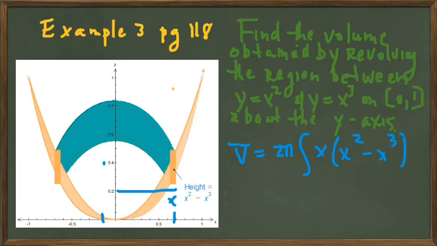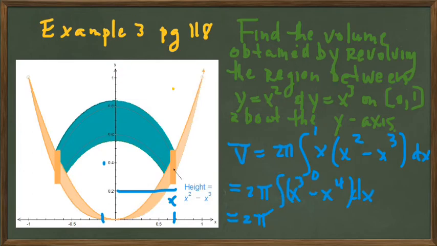Remember, because x squared at 1/2 is a fourth, whereas x cubed at 1/2 is an eighth. So x cubed is the lower curve. And then the radii can be as small as 0 and as large as 1. So the radii will go between 0 and 1, and so will our limits of integration.